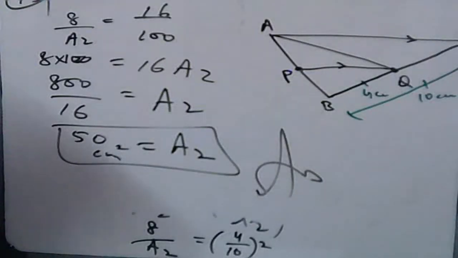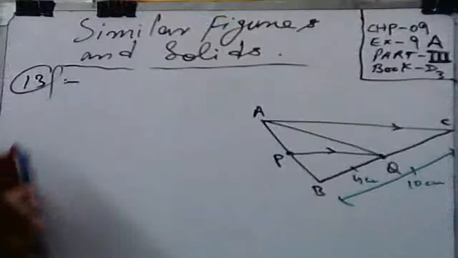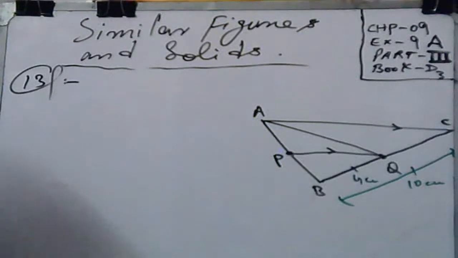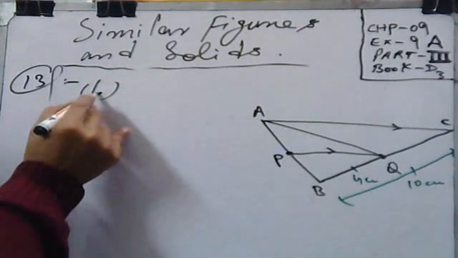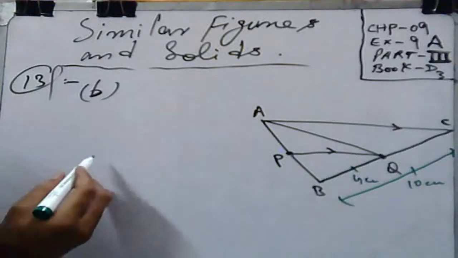Now for the B part, if we see the statement, we have to cut the triangle, otherwise it will be a great problem for you.